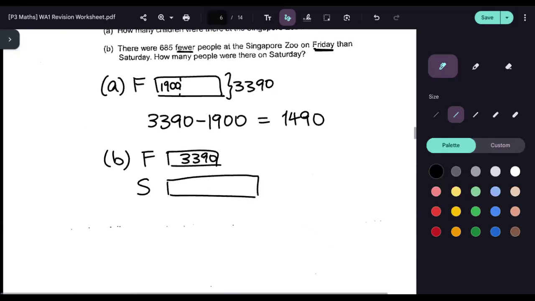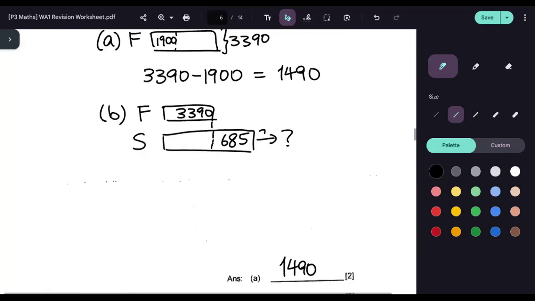More. Okay, it will have more. So it will be 685 here. What is my total? This one very easy to find. It's just 3390 plus 685. Answer: 4075. That's it.